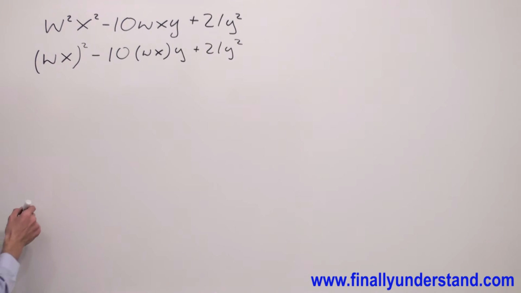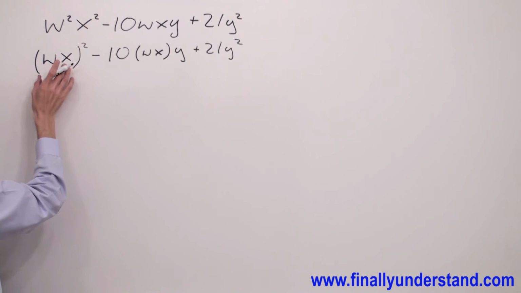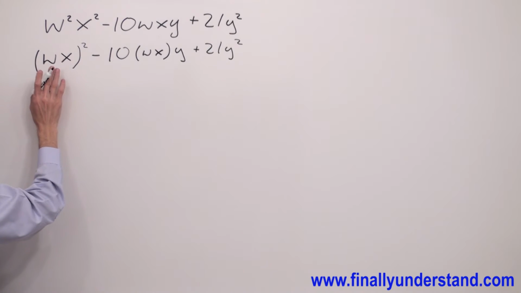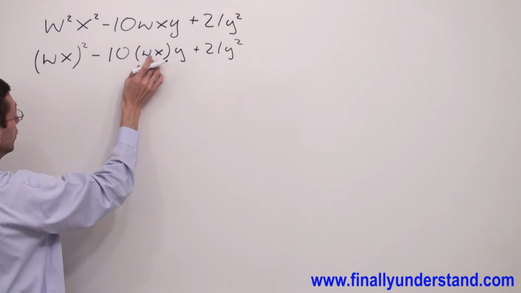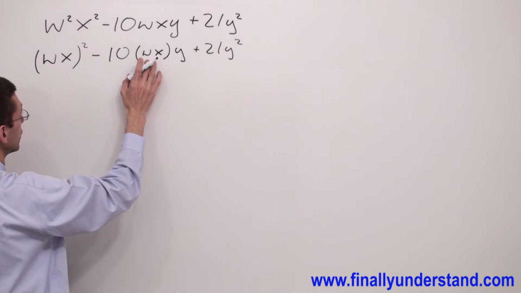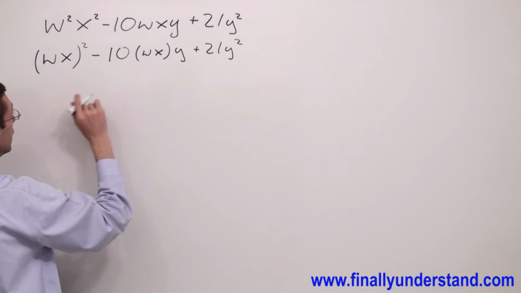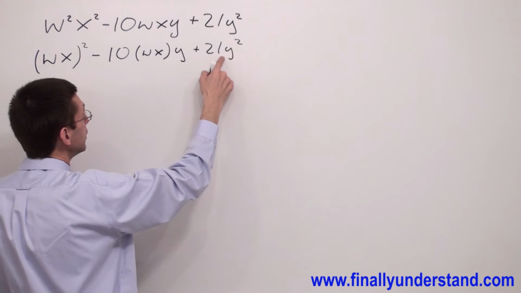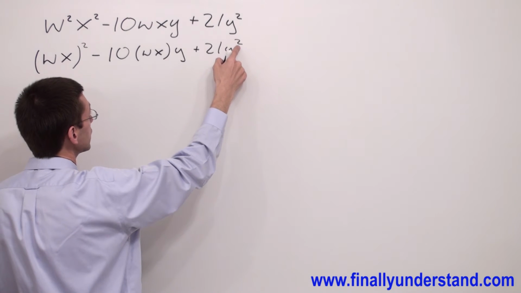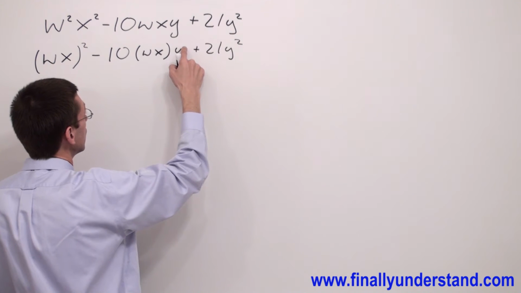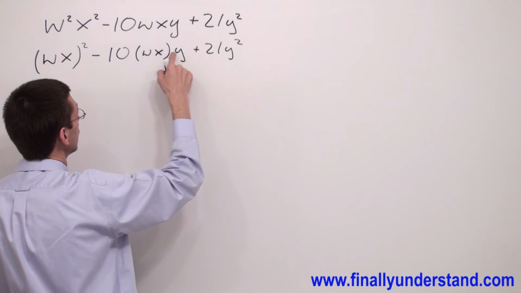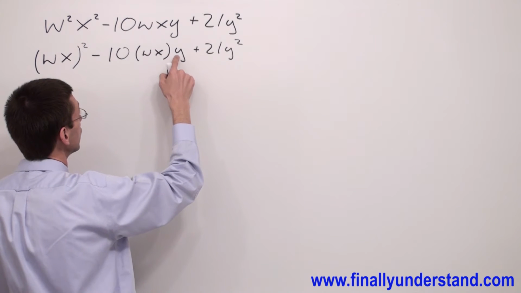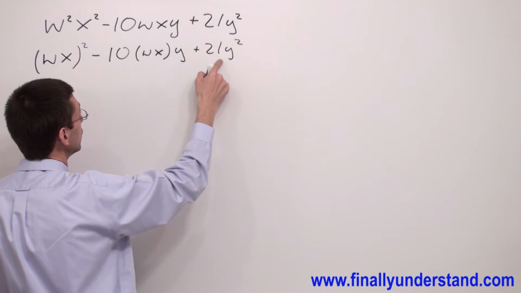Okay? Now, I'm going to treat this expression as a single variable at this moment. Also, wx is going to be treated as a single variable. Now I have to look at y's. Y in the third term has the exponent which is twice the exponent of y in the second term. That's why at this moment I can forget about these two y's.